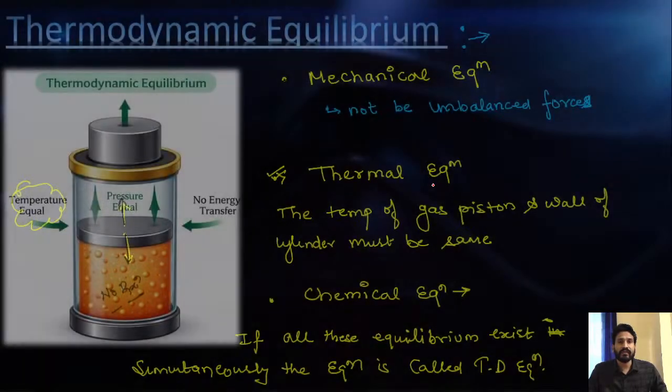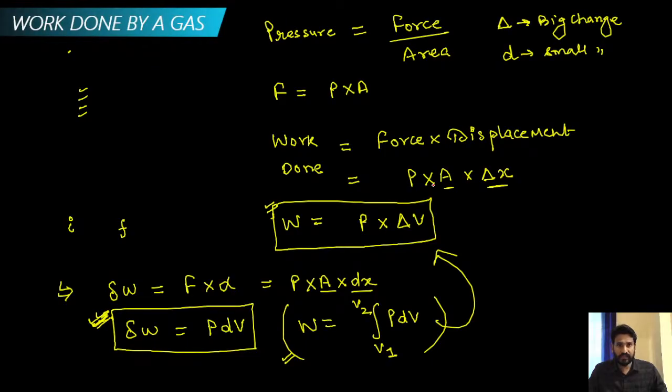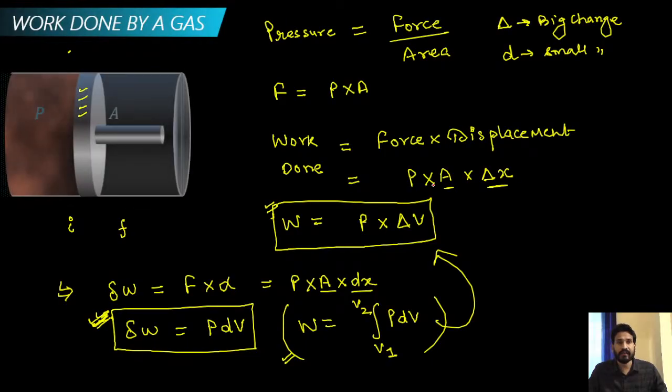After that, guys, we discussed the work done by the gas, which is a very important thing, right? Work done by the gas is very simple: del W is equal to PdV, right? Is it clear to you? Or I can say W is equal to the integration of PdV.